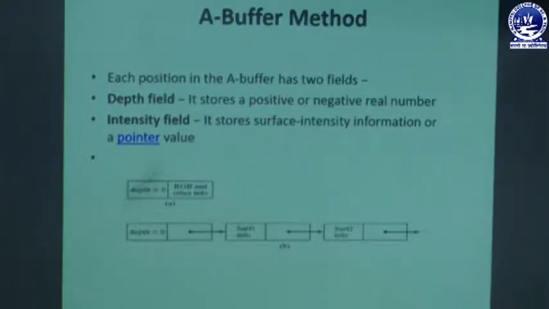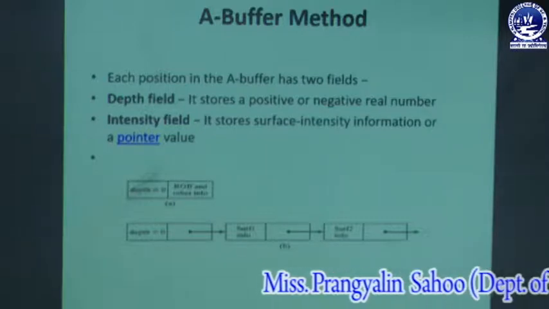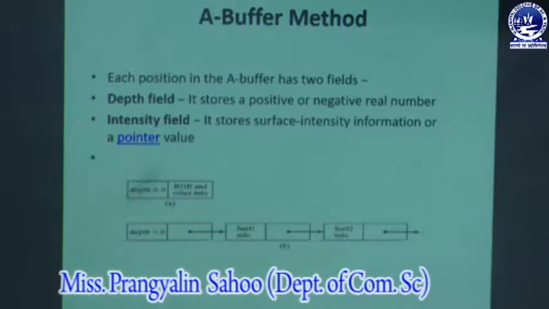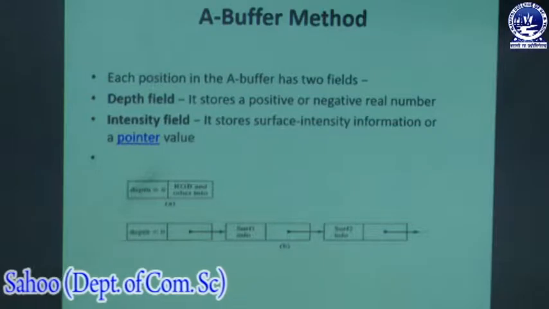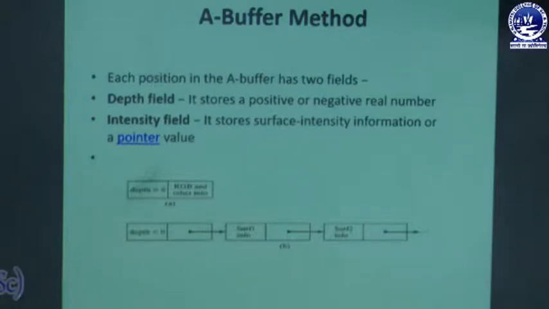If the depth field value is negative, this indicates multiple surface contributions to the pixel intensity, and the intensity field stores a pointer to a linked list of surface data, as shown in the illustration. If the depth field value is positive, the number stored at that position is the depth of a single surface overlapping the corresponding pixel area.